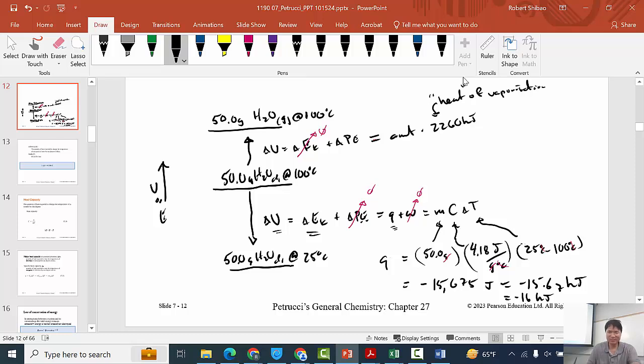We're going to put quotation marks around heat. It's 2260 kilojoules per gram. And so we have 50 grams, so I'll do 50 times 2260.